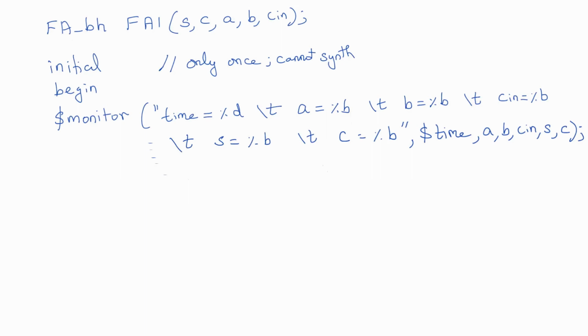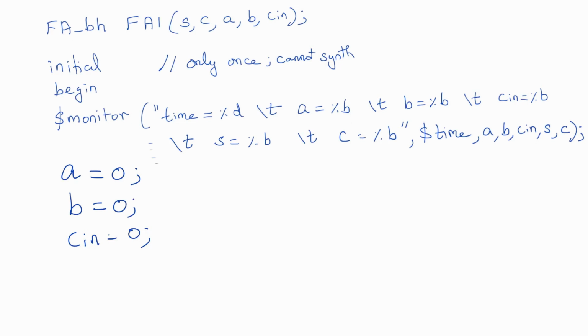So in simulation, we follow a time step. So at time 0, because we have not incremented time, we've initialized $monitor. Now we're going to initialize our values. Say let's initialize A is equal to 0, B is equal to 0, and Cn is equal to 0, right?